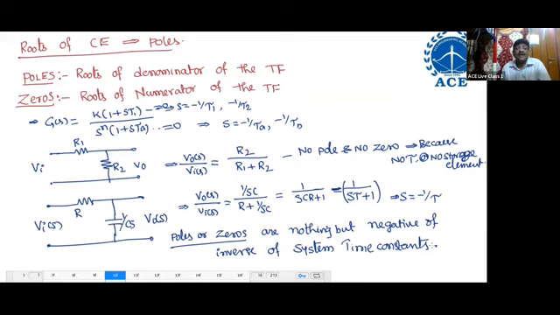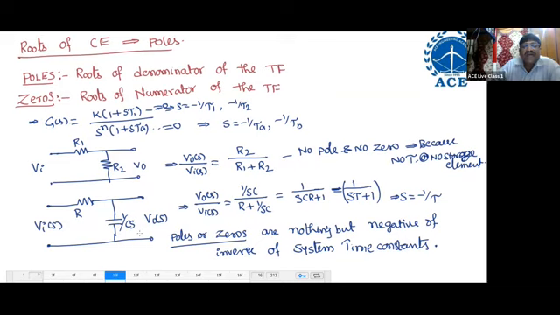So we can identify the number of poles even by looking at an electrical network, almost always. In some cases a pole may be cancelled with the numerator, and then we cannot identify it. But in most cases we can identify the number of poles, because if you find how many time constants there are, that is the number of poles. But we cannot identify the number of zeros by looking at the network.